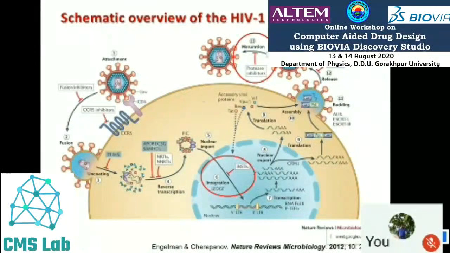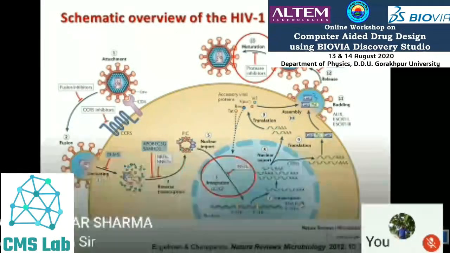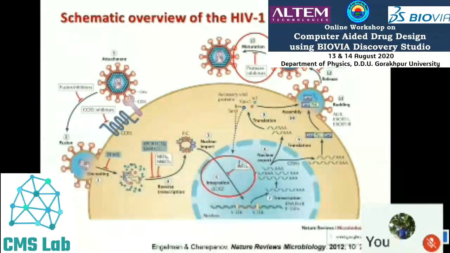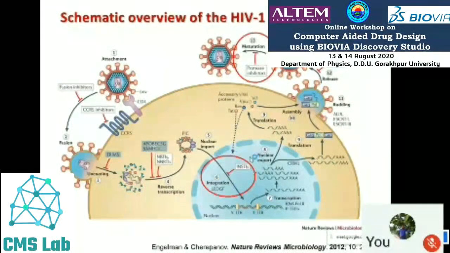There are 13 stages where inhibitors for HIV-1 have been tried and tested. Today I'm not going to talk about many stages of this cycle. I'm going to talk more about stage 6, HIV-1 integrase, which is involved in the integration of the virus into the nucleus. I'm going to talk more about this integration process.